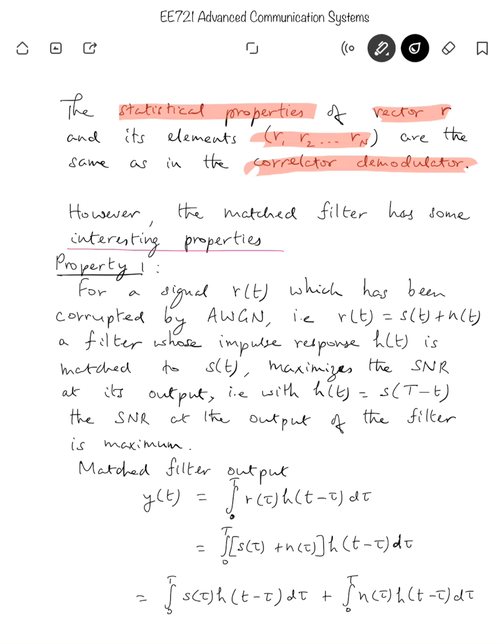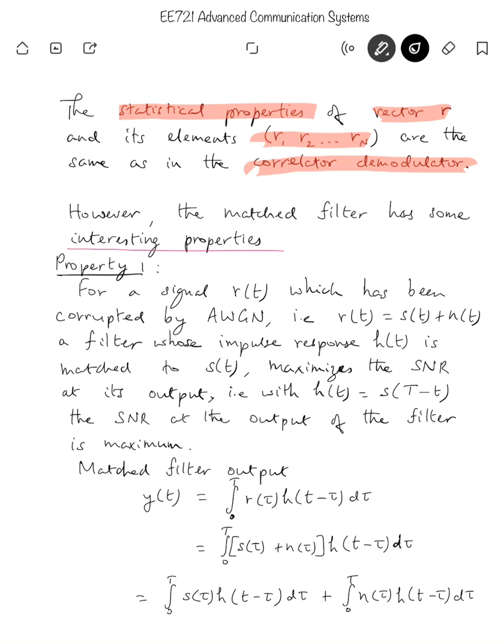One of the important properties of the matched filter is that when you have the impulse response of the receiver filter matched to the signal of interest, then the output of the matched filter produces the maximum signal to noise ratio. That means the matched filter output maximizes the SNR of the output of the filter.